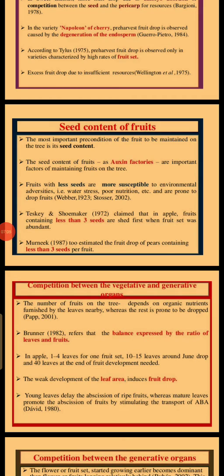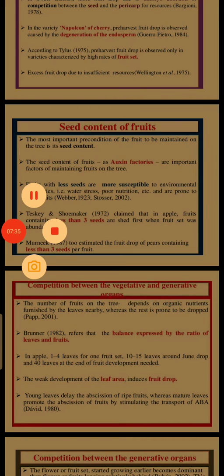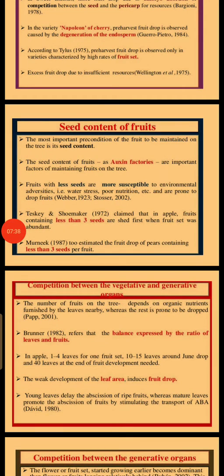I divide the remedies for early fruit drop into 5 broad categories: pollination; PGR, meaning exogenous application of growth hormones; mineral nutrition, in the broad category of integrated nutrient management; integrated pest management; and lastly integrated disease management. So these are the remedies to reduce early fruit drop in different fruit species.